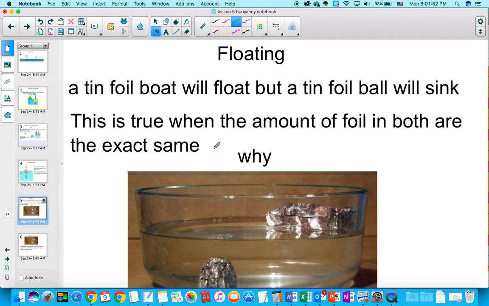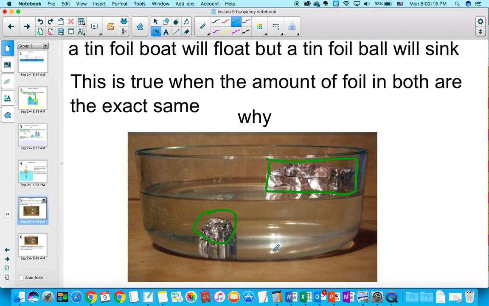So let's take a look at a classic example. A tinfoil boat will float, but a tinfoil ball will sink. This is true even when there's the same amount of foil, the same amount of tin in both. So we look at this ball at the bottom, and we look at the boat. They both have the exact same amount.